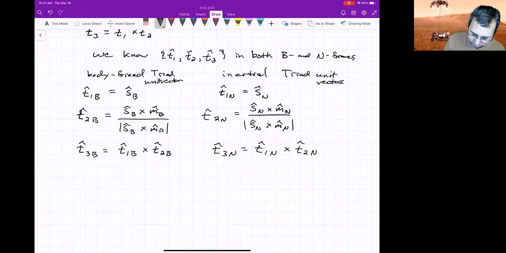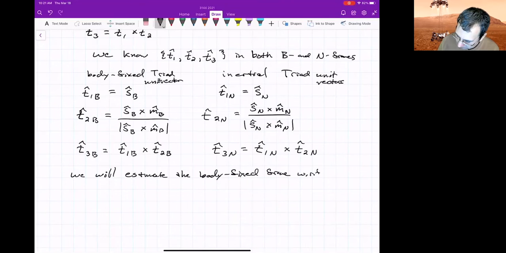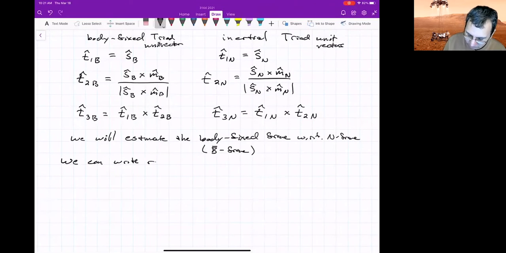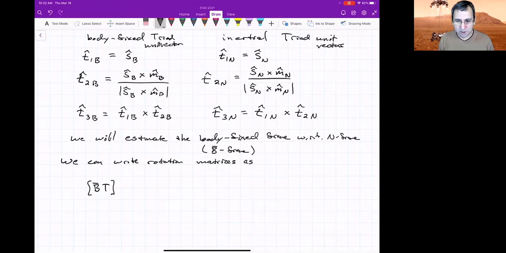We're going to say we will estimate the body fixed frame with respect to the N frame, and we'll refer to that as B bar. It's our estimate. We can write the rotation matrices, the direction cosine matrices, as this B hat T, so the estimated body fixed frame with respect to the triad frame. If you remember how we write these, what you could do here is you write these vectors as column vectors, and those populate the 3 columns.